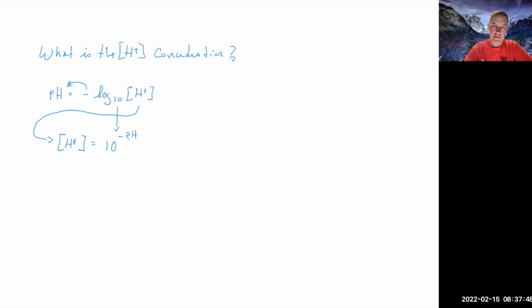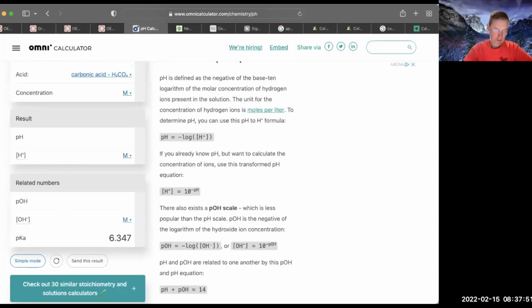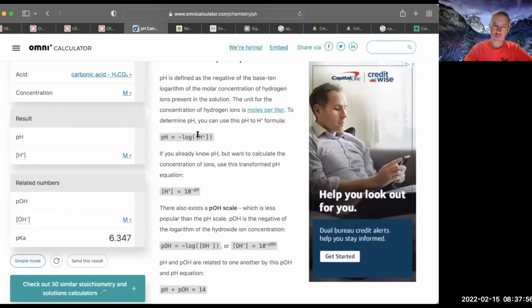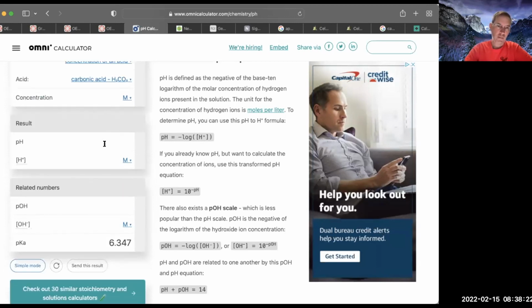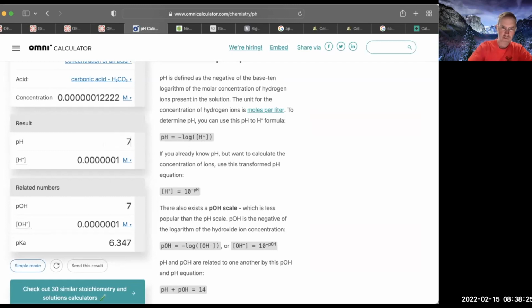So you can see the formula here: pH equals the negative log of the molar concentration of hydrogen ions. We agree there. We just rearranged to solve for hydrogen ion concentration, that's 10 to the minus pH. So I am going to put the pH of the patient in, and I'm just using carbonic acid, since carbonic acid is the primary volatile acid that we're dealing with in the human being. And I believe the pH was 7.3.